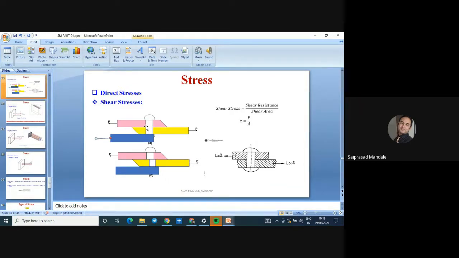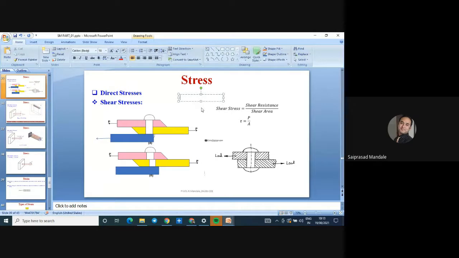When there is a double shear failure, there is area 1 and area 2. So the formula will be tau equals, I'm telling you the formula, tau equals force per unit area, with 2 times the area. It is called a double shear failure.